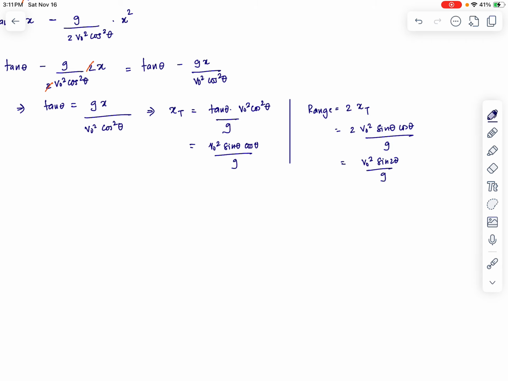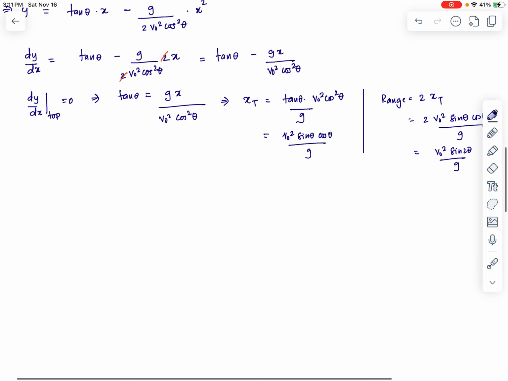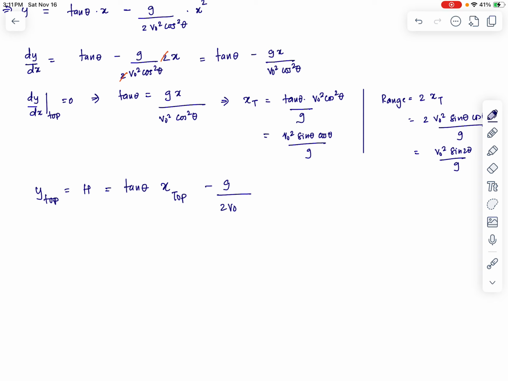So let's find the y at top. The y at top equals the height h, which equals tan theta times x at top, minus g divided by 2 v0 square cosine square theta times x at top square.